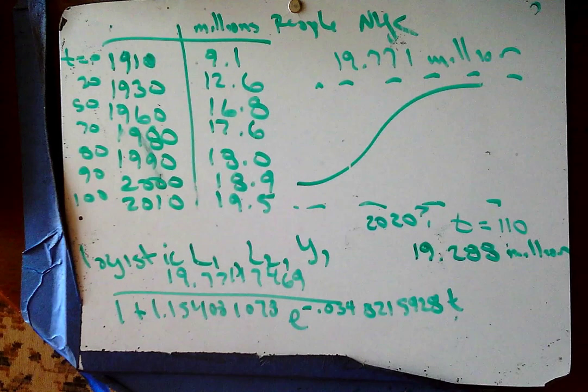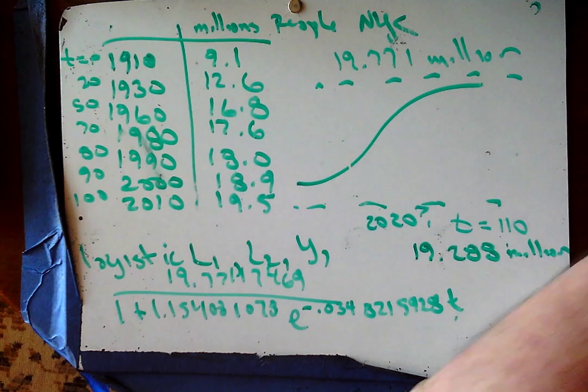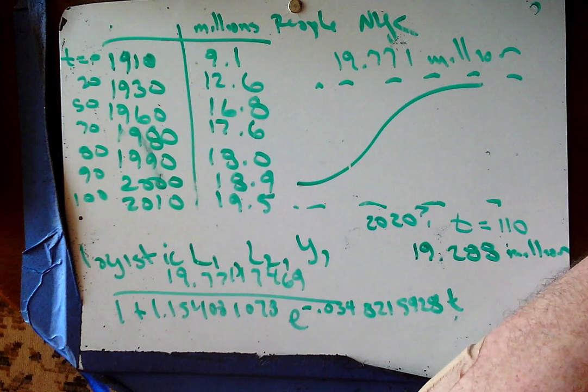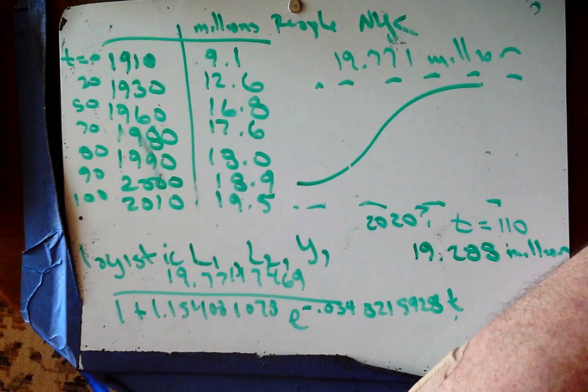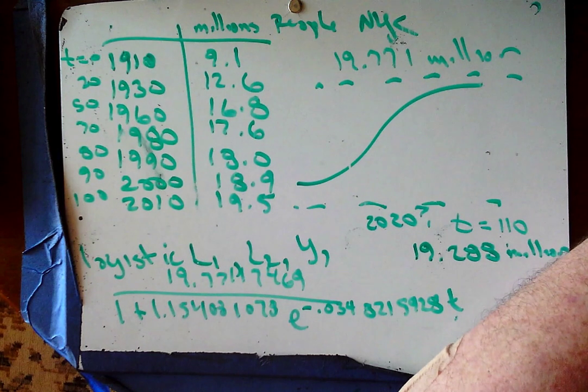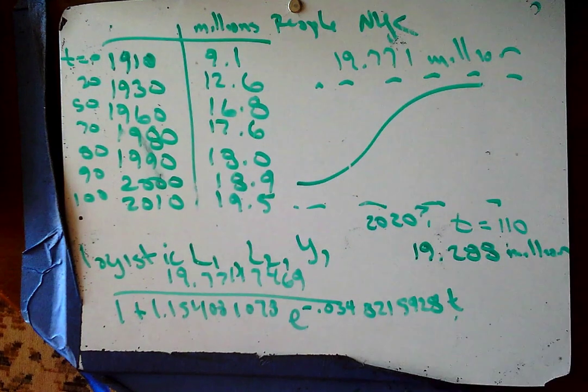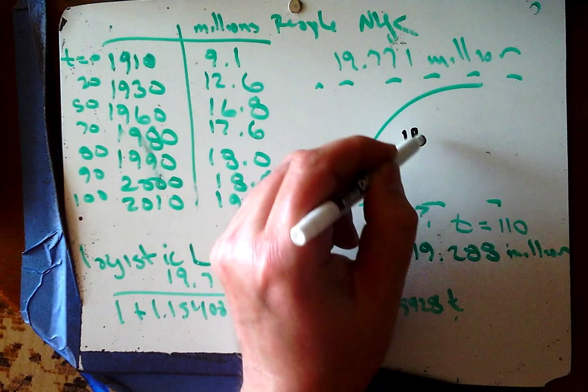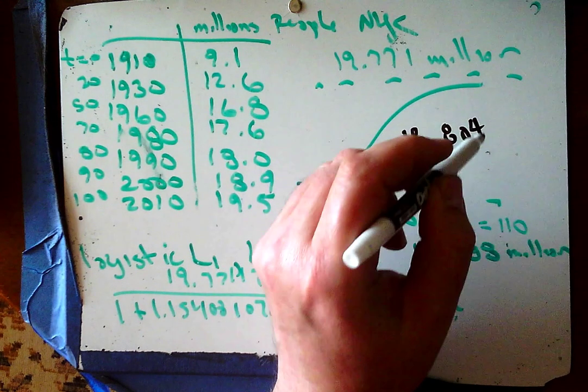Okay, let's see what the population of New York is now, by the way. Kind of interested to see. Okay, so I'll go over here and ask the internet: population of Metro New York 2020. And what does it say? Oh, 18.804 million.